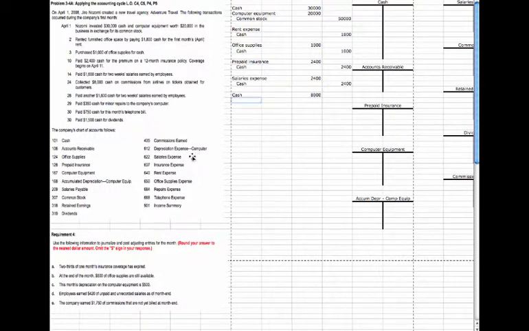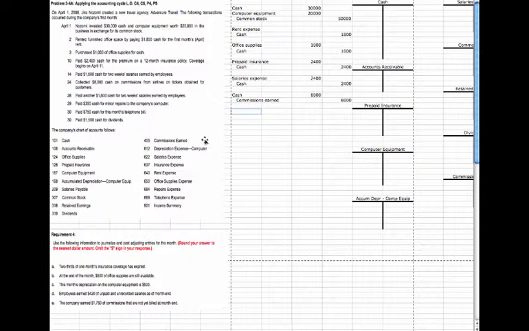And we're going to find a revenue account in our chart of accounts here called commissions earned. And that's going to be a credit entry of $8,000. And the reason why we're going to do a credit, because a revenue account's normal balance is credits. In other words, when we do a credit entry to a revenue account, it's going to increase the account balance.